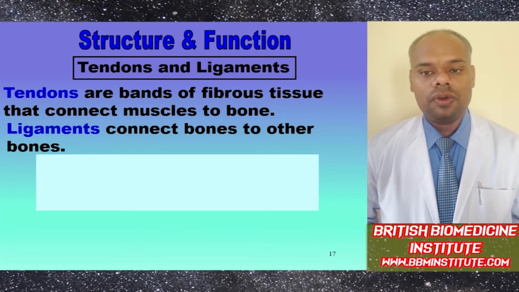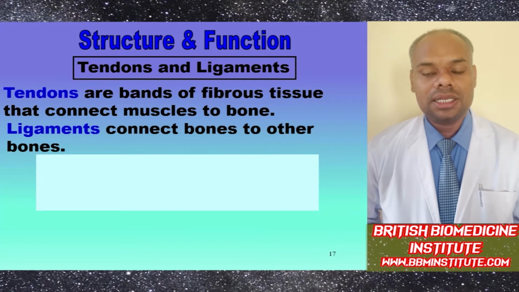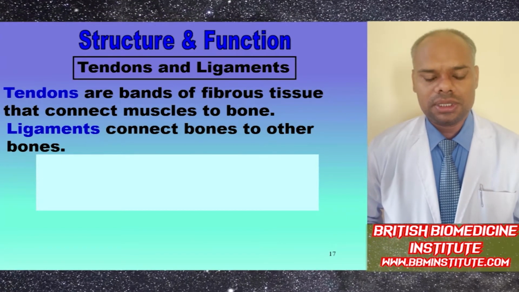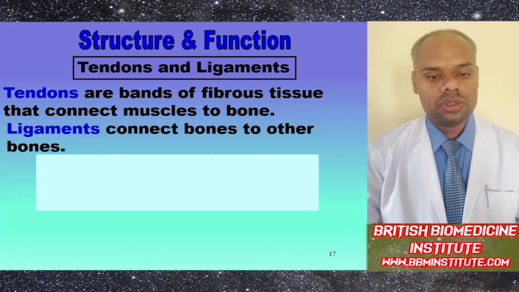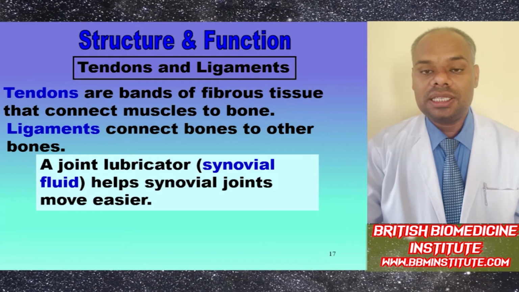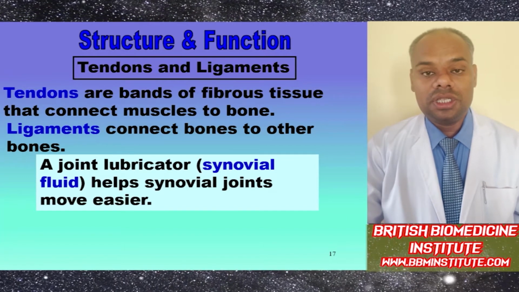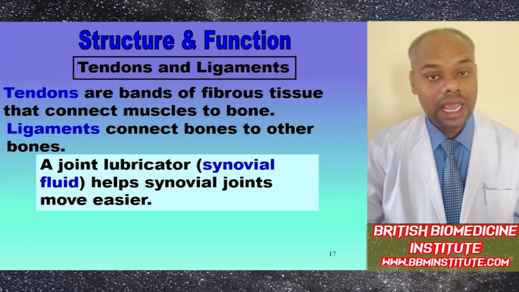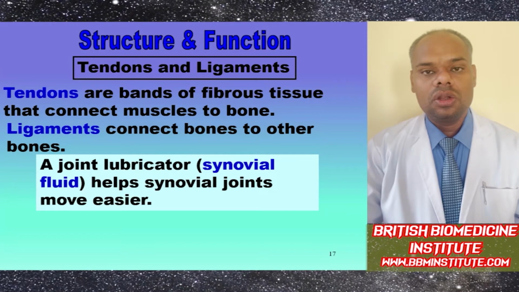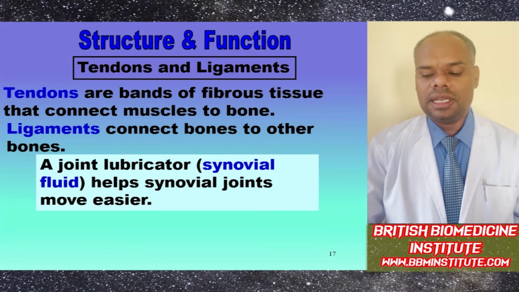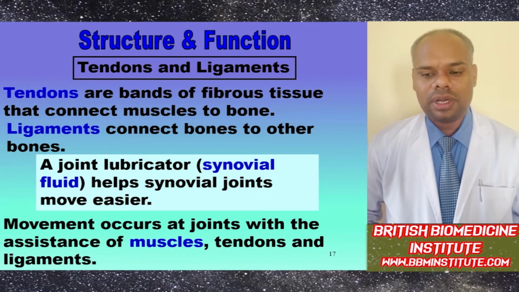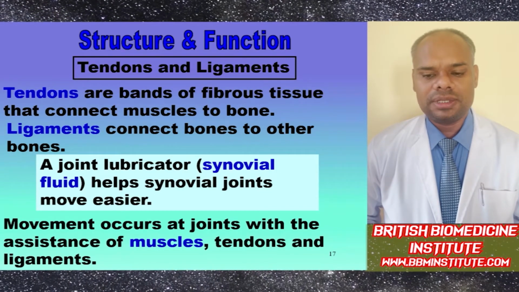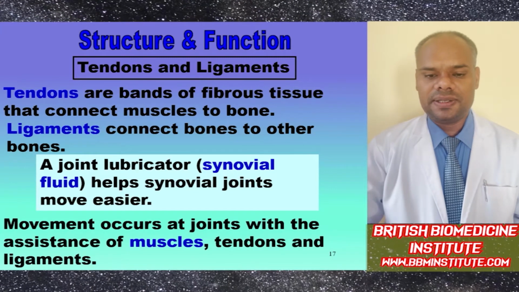Tendons are bands of fibrous tissue which connect bone to muscles, and ligaments connect bone to other bones. Synovial fluid, which is a joint lubricator, helps synovial joints move more easily. The movement occurs at joints with the assistance of muscles, tendons and ligaments.